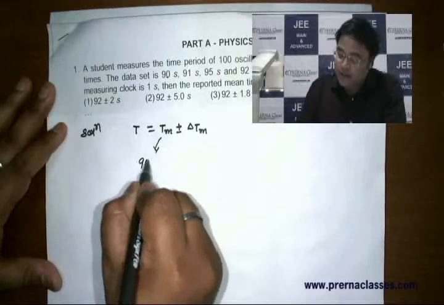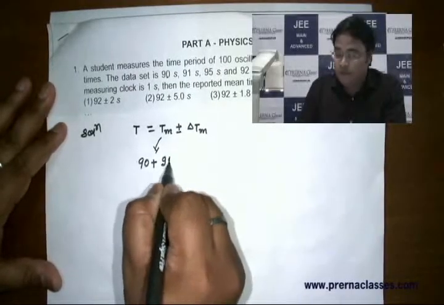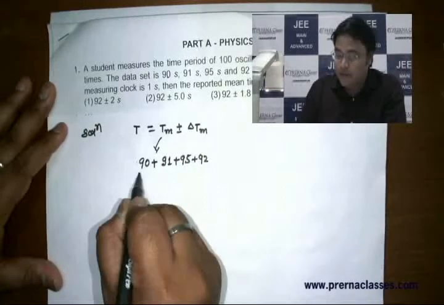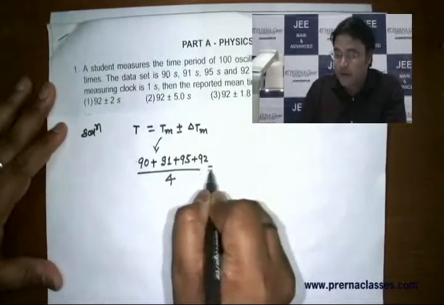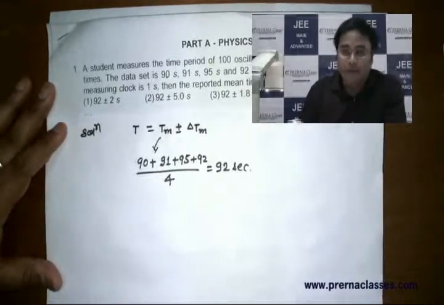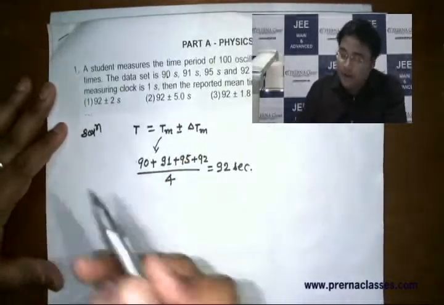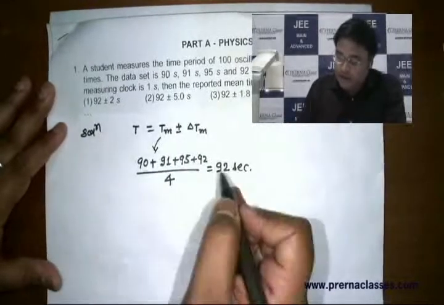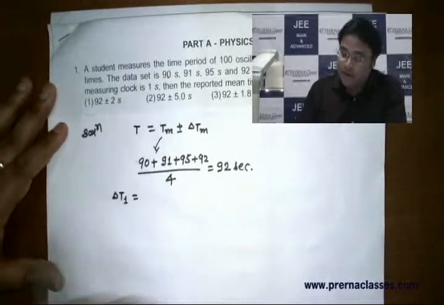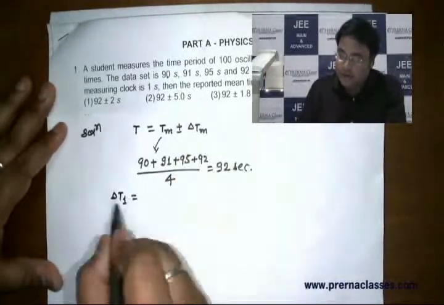So Tm equals 90 plus 91 plus 95 plus 92 whole divided by 4, and it comes to 92. Clear? Now moving toward delta T. For each measurement, the difference for the first measurement comes to -2.